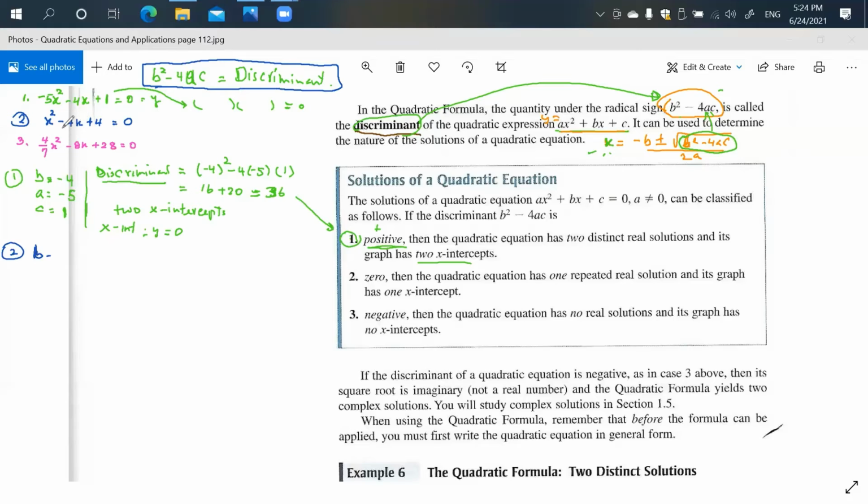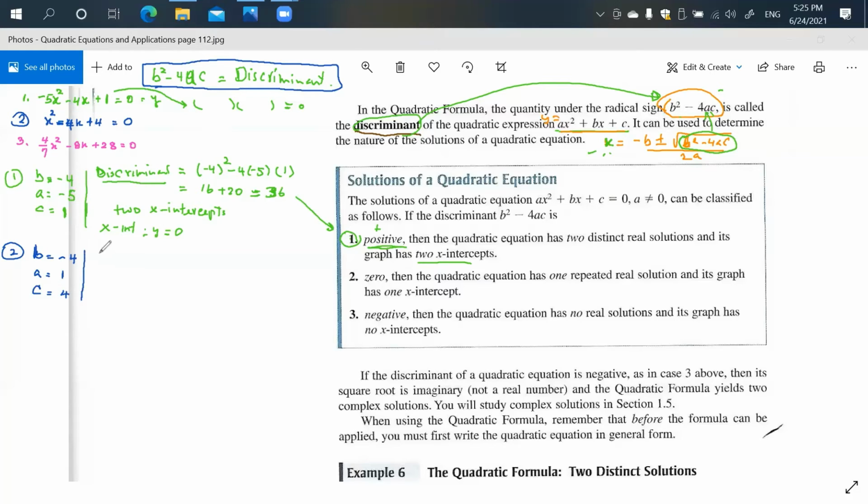B is -4 right here. A is the number in front of x squared, which is 1. C is the constant, plus 4, so c is 4.